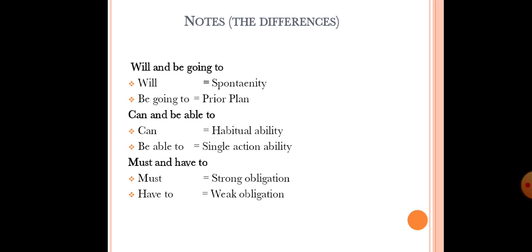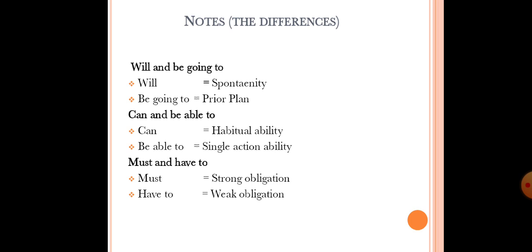And how about with can and be able to? Can, habitual ability. It means it's your habitual ability. Example, my grandmother could sing a song melodiously when she was still young.